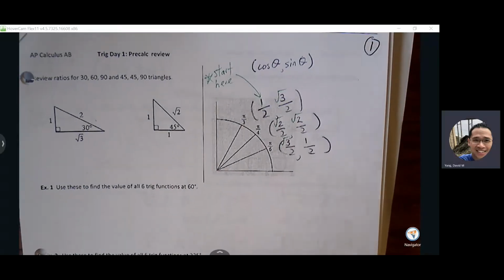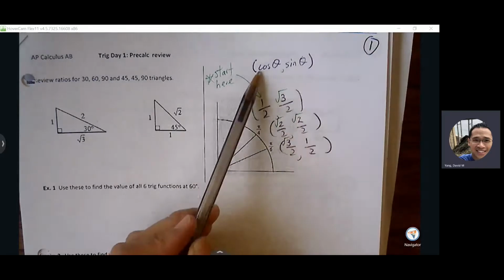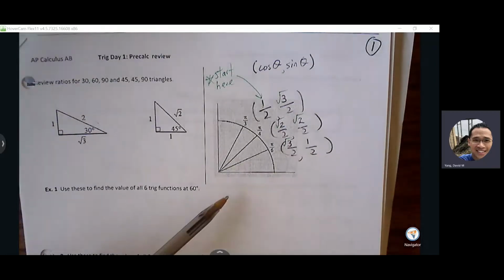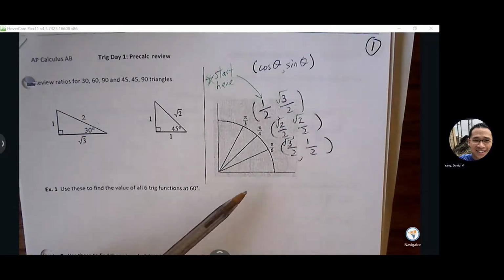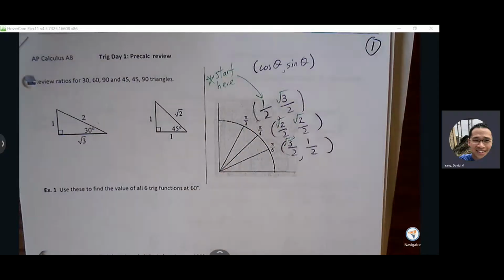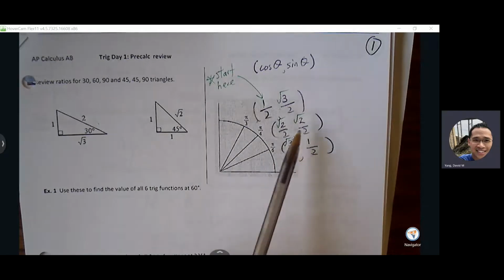So your x value is going to correspond with cosine, your y value is going to correspond with sine. So if I asked you what is cosine of pi over 3, you would say what? 1/2. Okay. Sine of pi over 4? Yeah, root 2 over 2.